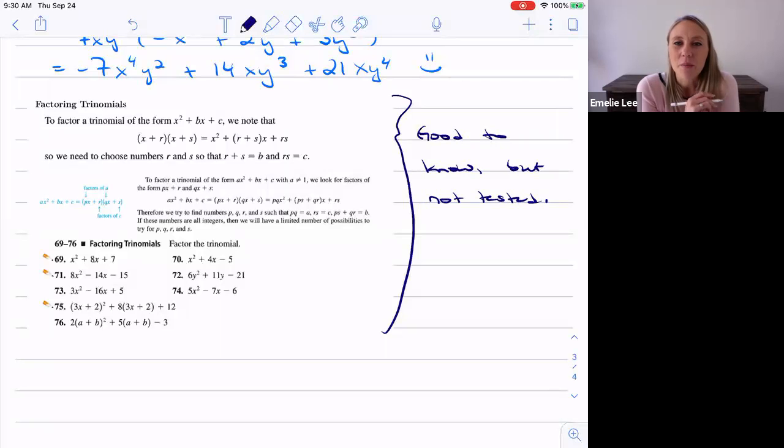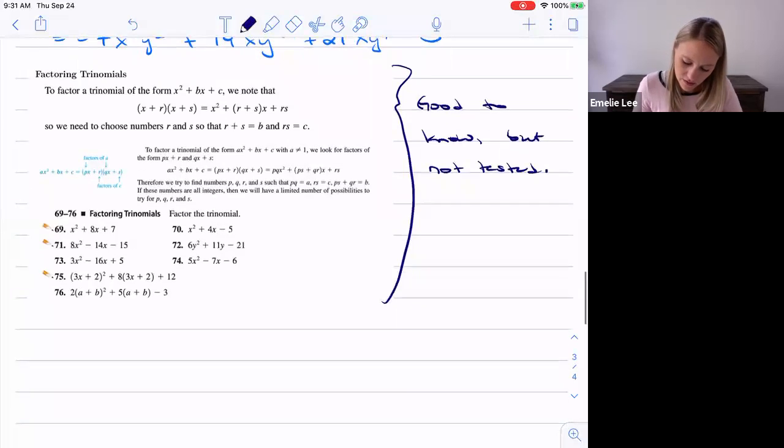There are going to be some easier trinomials that we'll be able to factor out, but we'll wait until 1.5 to deal with that. Quadratics are a little bit easier. Okay.